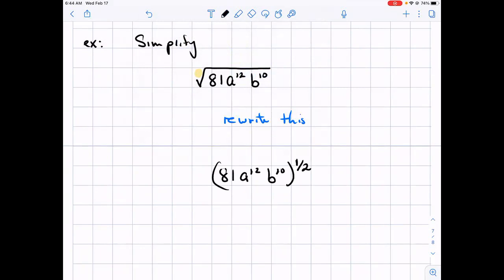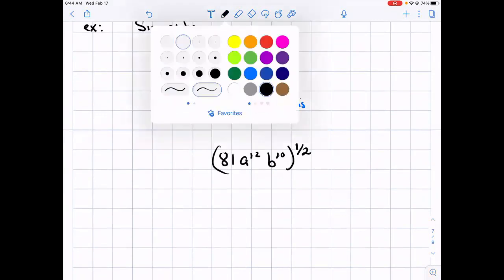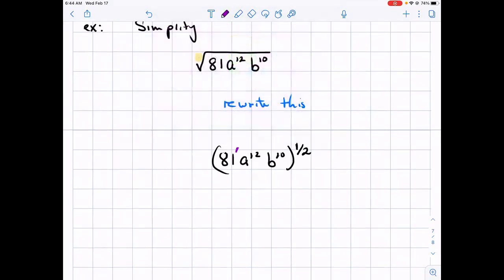Now, be very careful, because when you don't see a power, it is understood that the power is 1. If you distribute, we have 1/2 times 1, 1/2 times 12, 1/2 times 10.